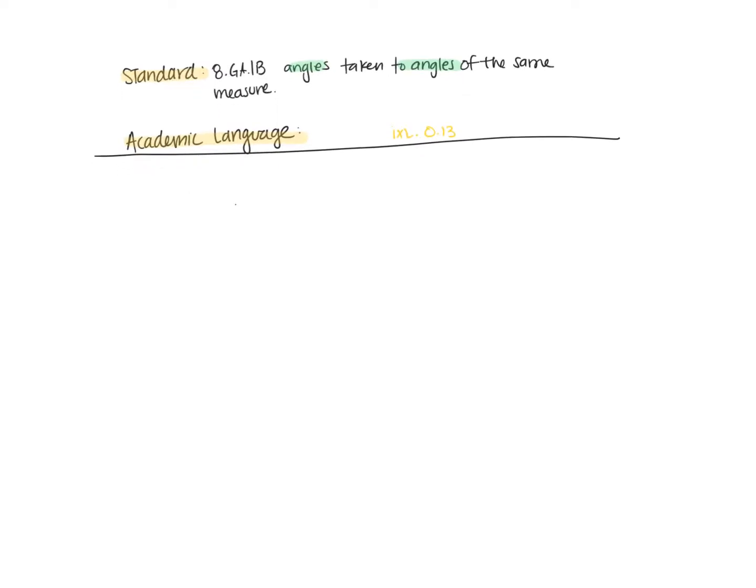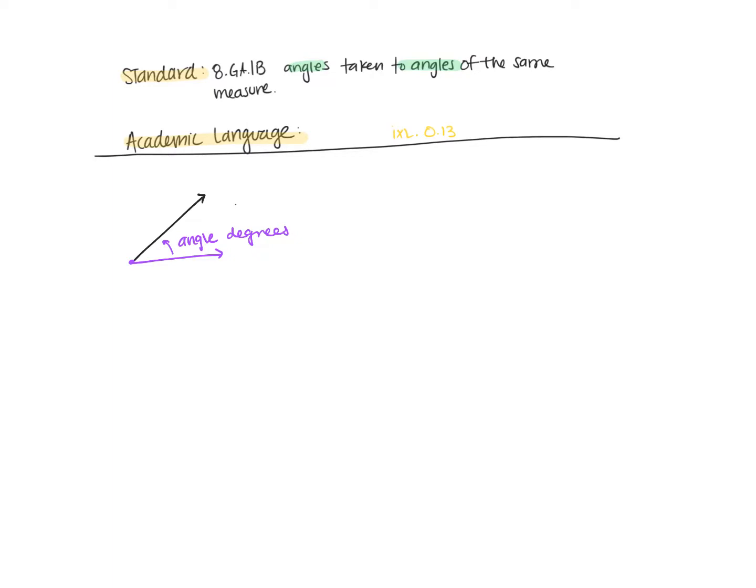So when you have a line segment that meets up with another line segment, we form what's called an angle. And this angle is measured in degrees.